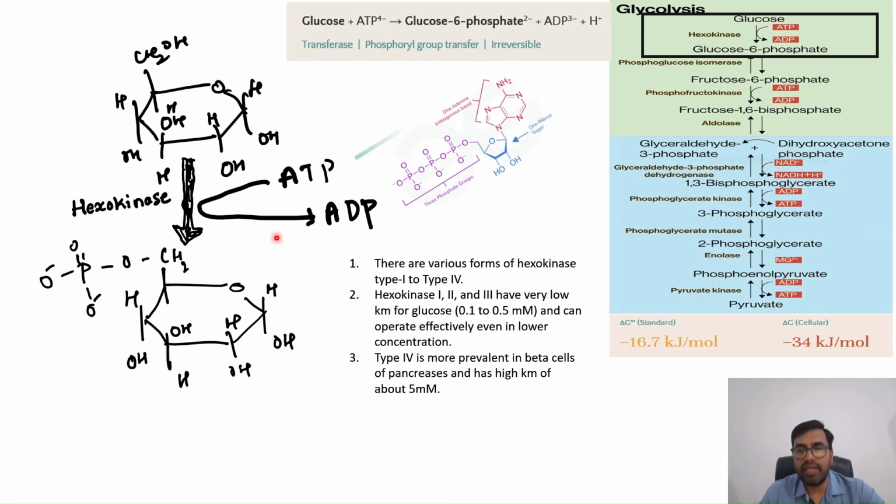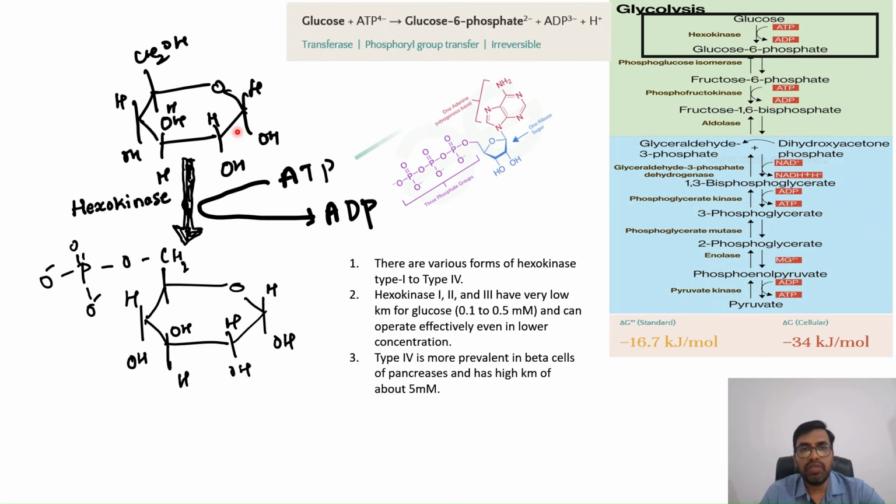Now, this is a transfer reaction where the phosphate group is transferred from ATP to glucose to form glucose 6-phosphate. This reaction is highly irreversible because the delta G for this reaction is minus 34 kilojoule per mole. What does that mean?